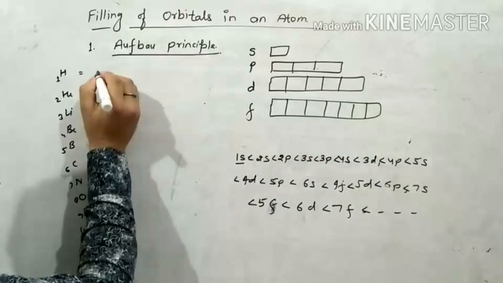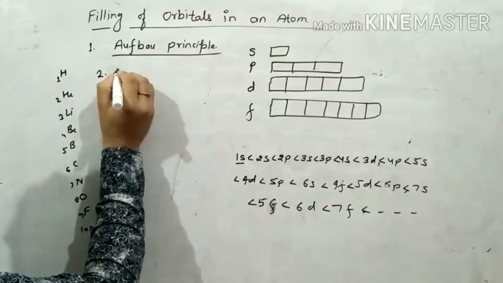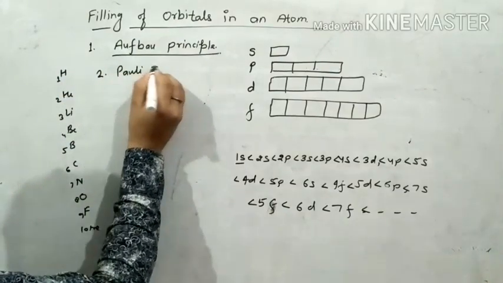Right? The second rule is the Pauli exclusion principle.